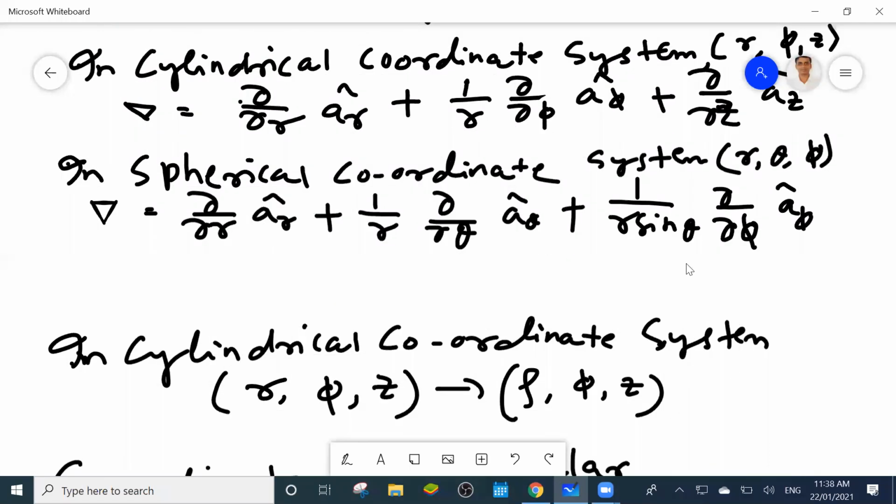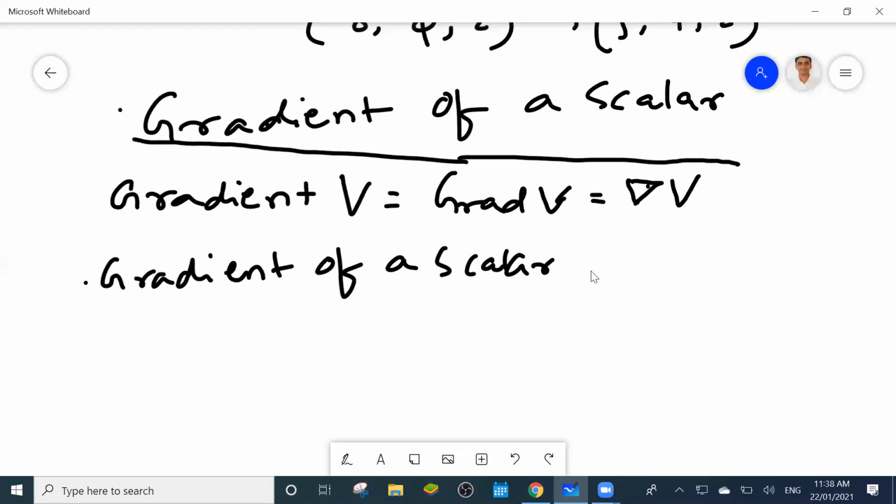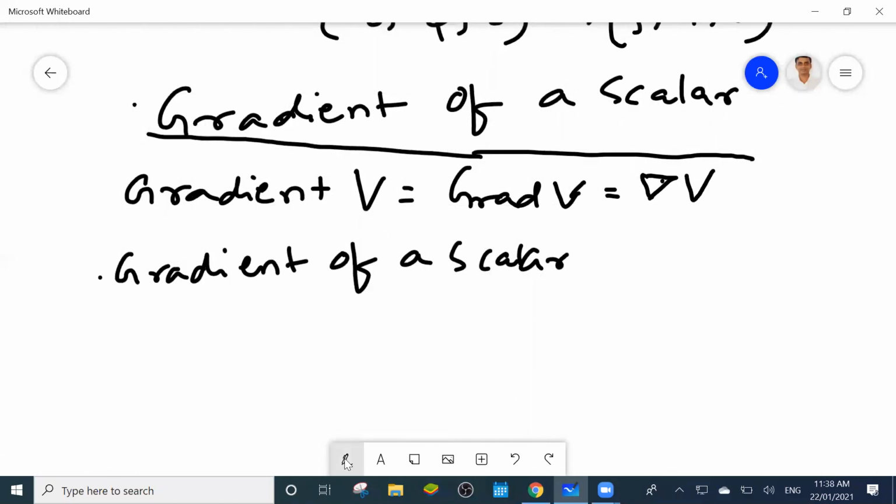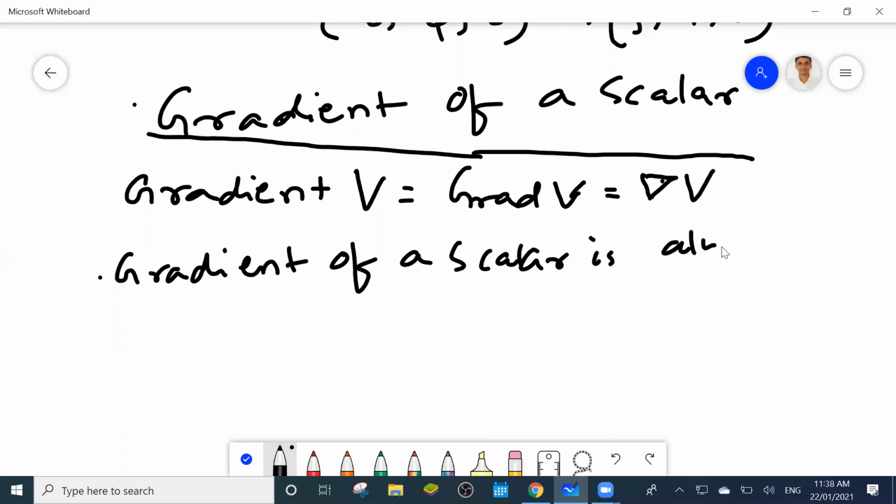Suppose I am writing that the gradient of a scalar is always a vector quantity. How?